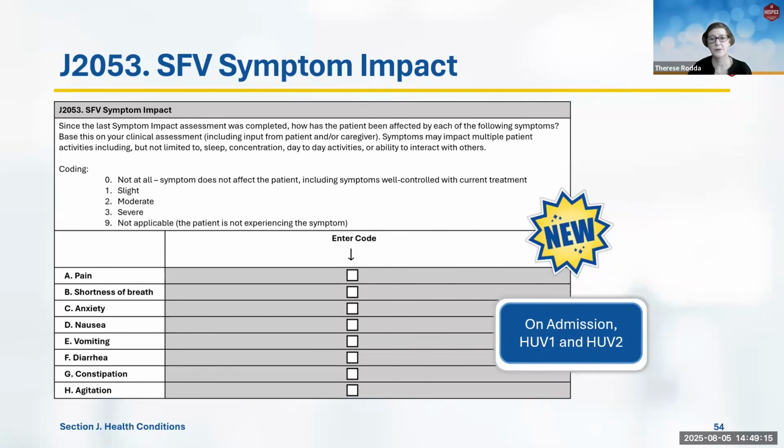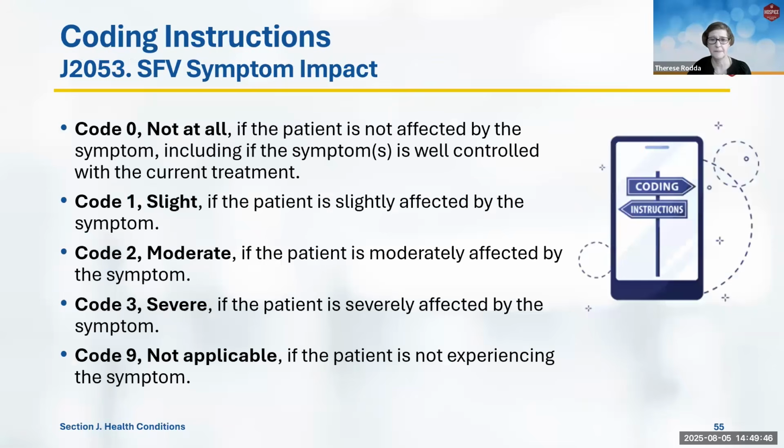The last item for Section J is J2053, SFV symptom impact. This item is collected on admission, HUV1 and HUV2 if a moderate or severe symptom impact was identified in item J2051. It asks the clinician to assess the impact of the symptoms since the last symptom impact assessment.